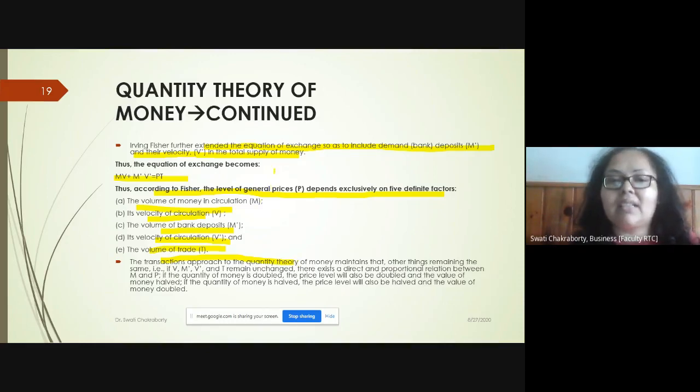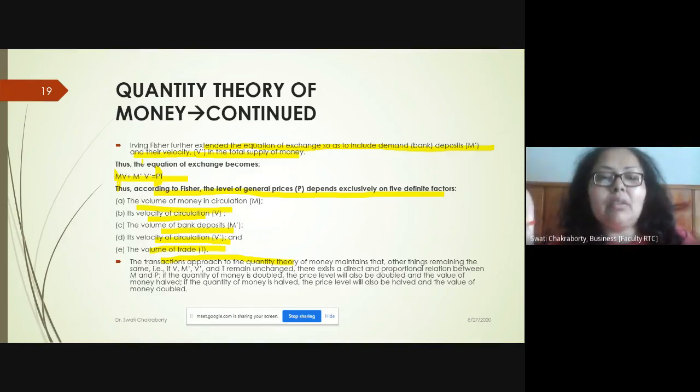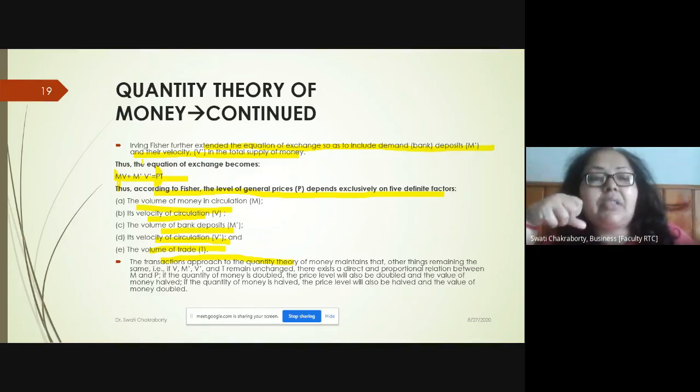In this new equation, other things remaining the same, that is V, M dash, V dash and T remaining the same, there is still a direct proportional relation between M and P. So if the quantity of money is doubled, the price level is also doubled. And if prices double, the value of money gets halved.